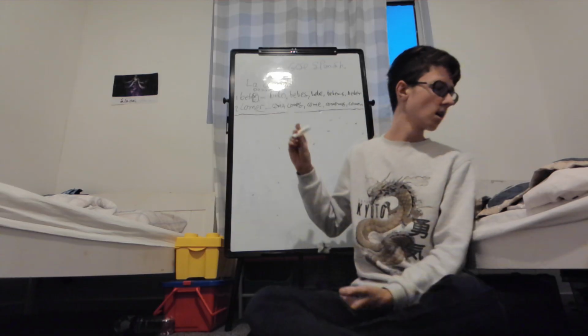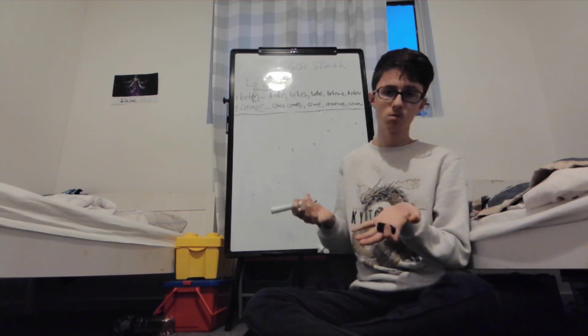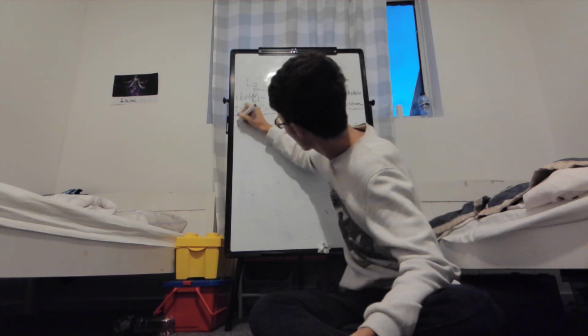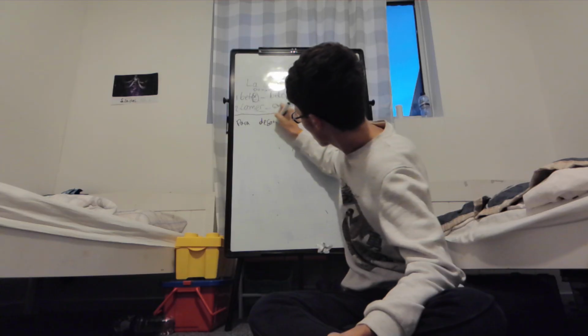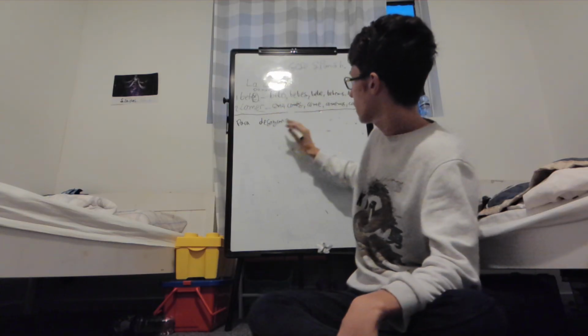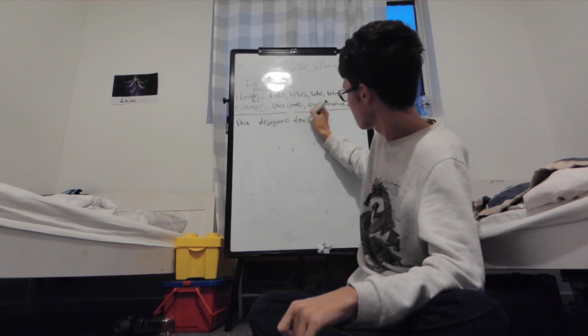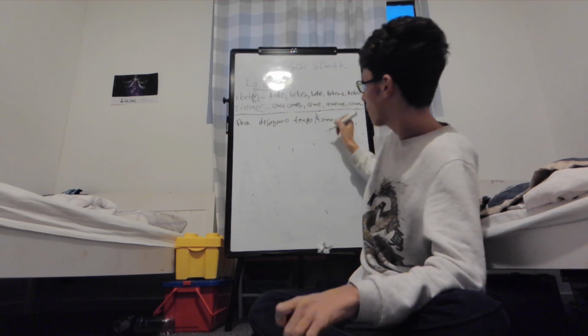Let's say we're gonna start by saying, for breakfast, we have, para desayuno, which comes from the verb desayunar. For breakfast, let's say, tengo, tomo, I have, I take.